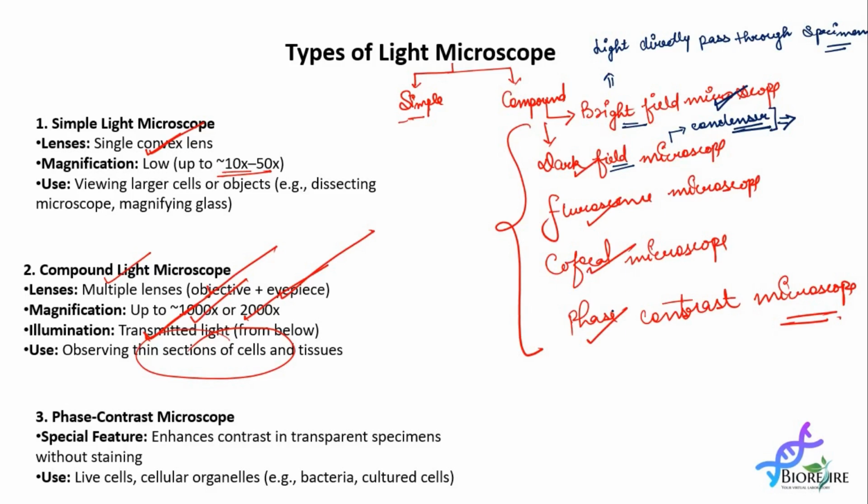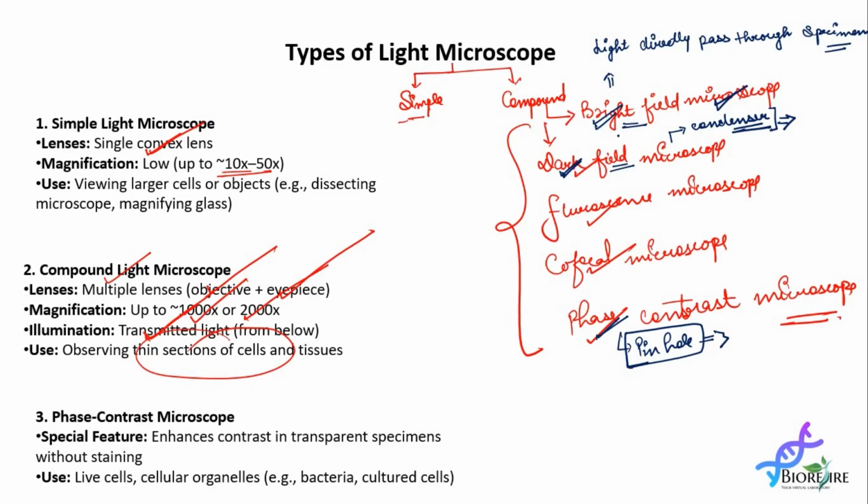Then in the phase contrast microscope, we use a pinhole. Through this pinhole, only transmitted light is passed. Then the magnification power and the brightness of the image of your specimen are better than the dark field or bright field microscope.